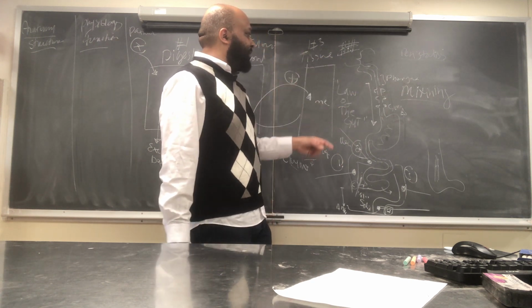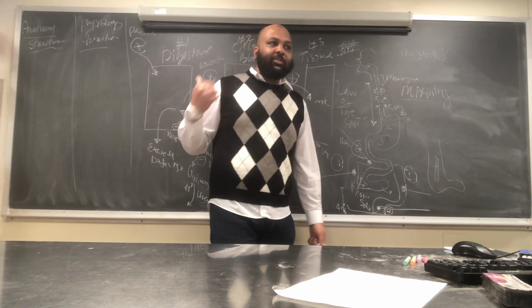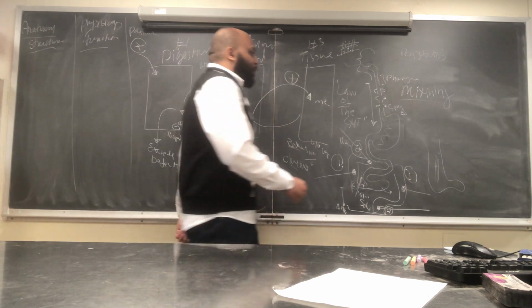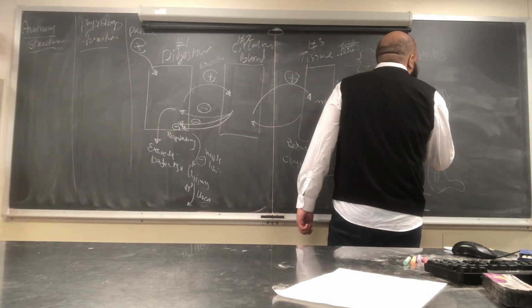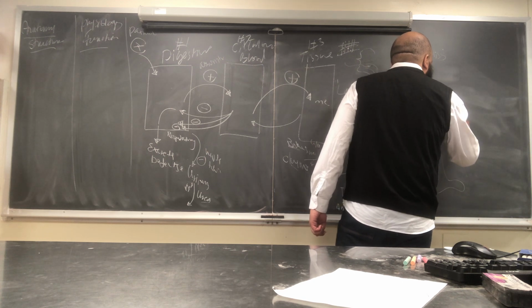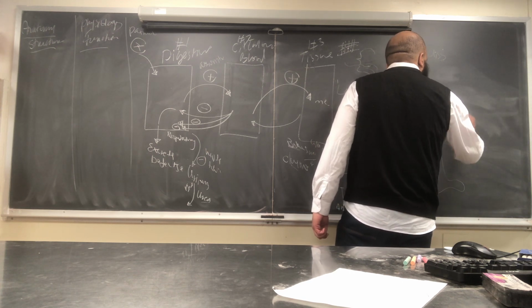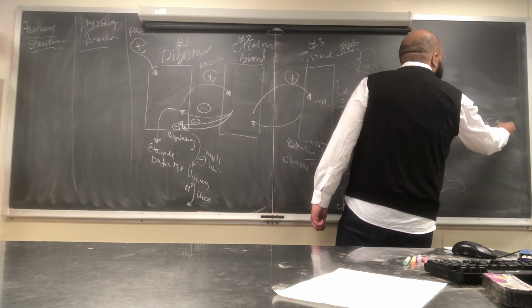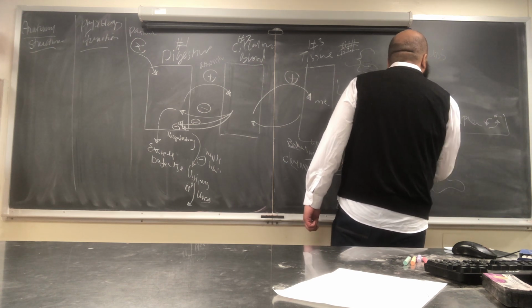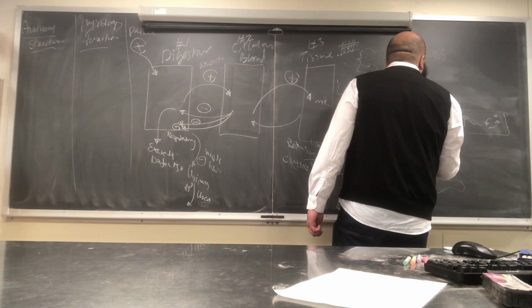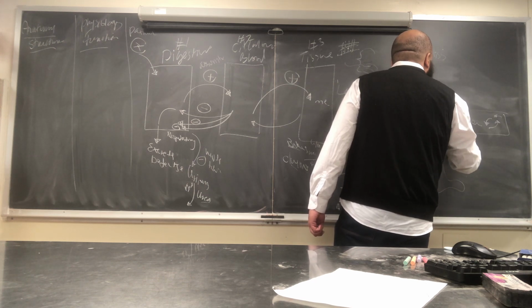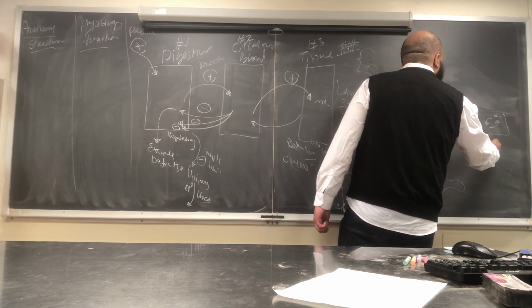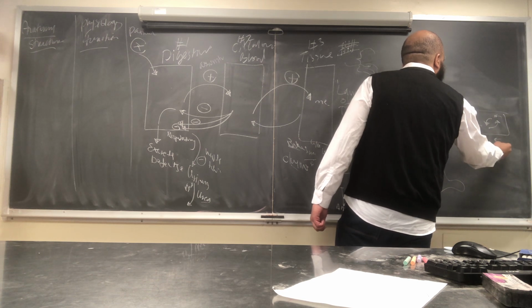So we have peristalsis and mixing. Now going back to my same question, we have the myenteric plexus, the first computer, and the second computer, the meissner plexus or submucosal plexus.